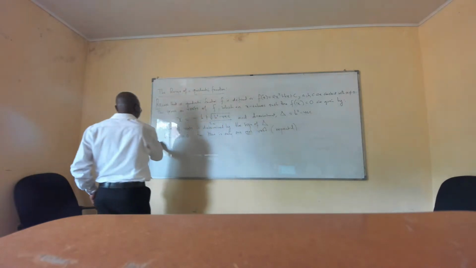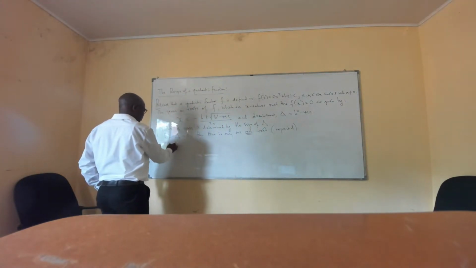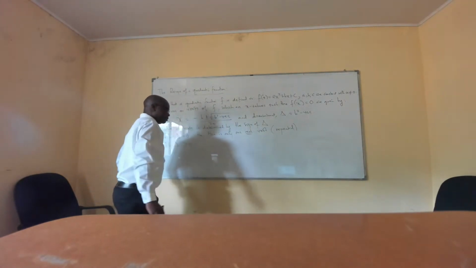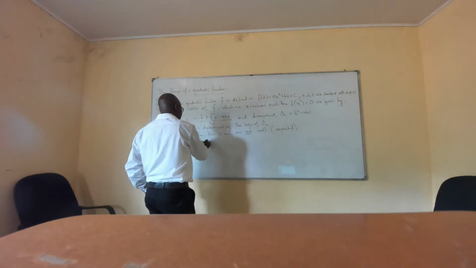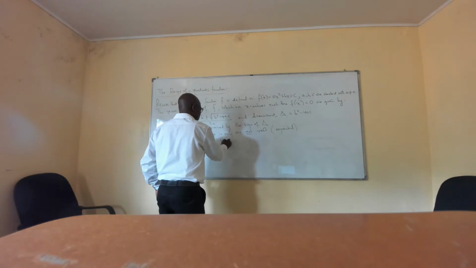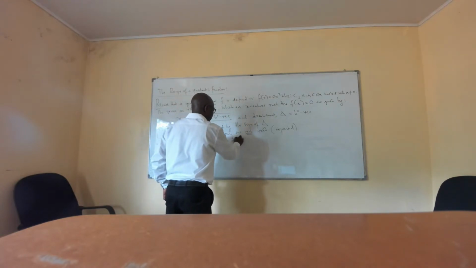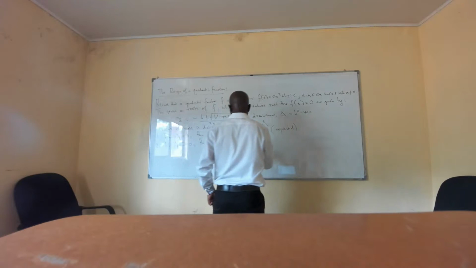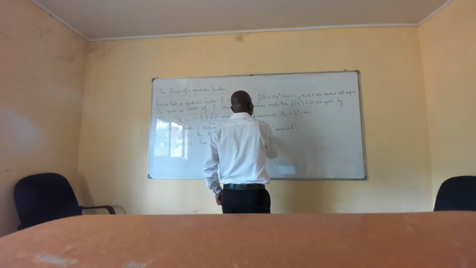Two, if delta is greater than 0, then there are two distinct real roots.